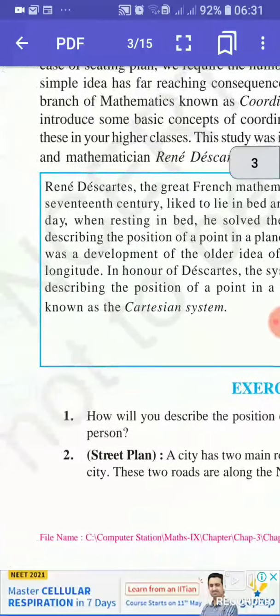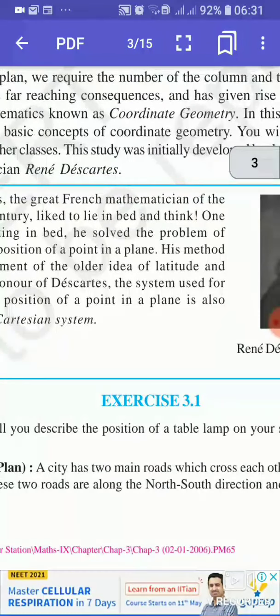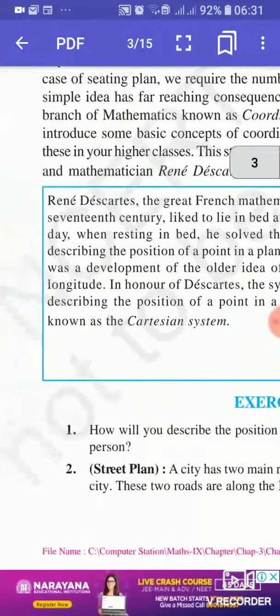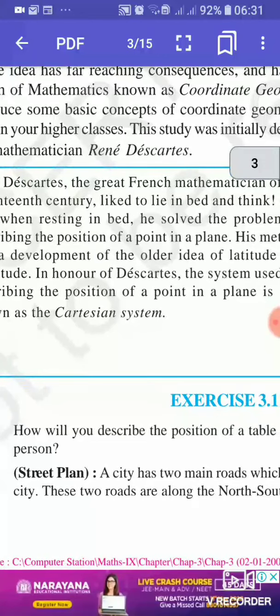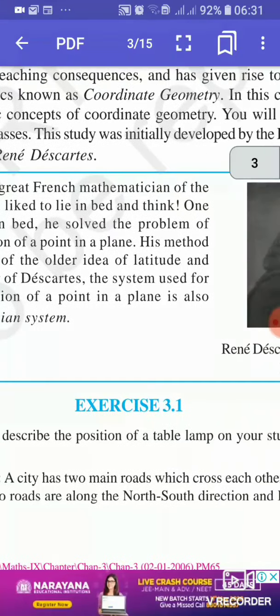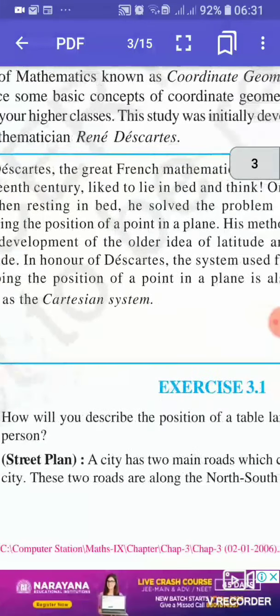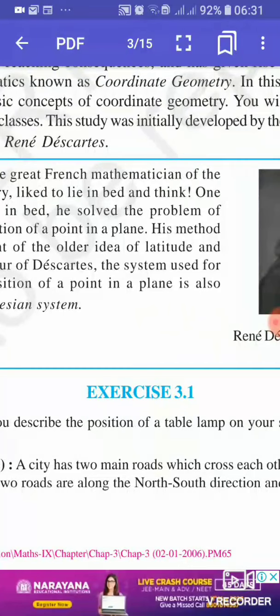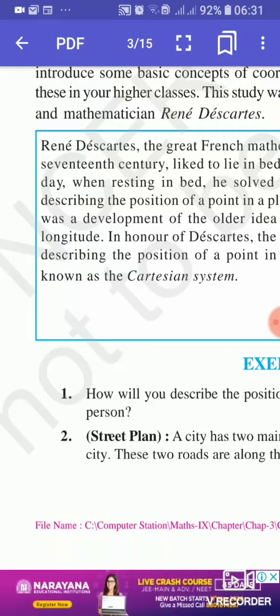His method was a development of the older idea of latitude and longitude. In honor of Descartes, the system used for describing the position of a point in a plane is also known as the Cartesian system.